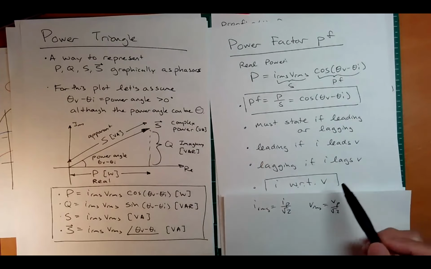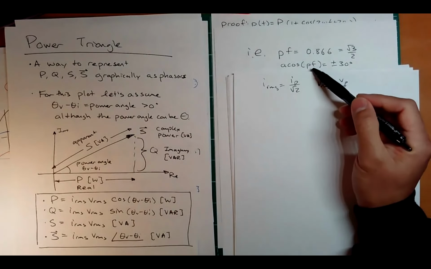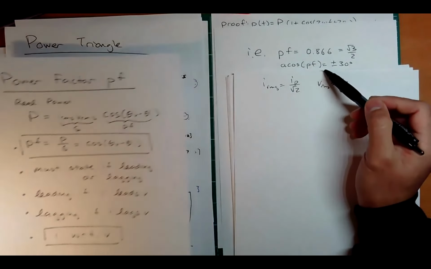Okay, so let's do some examples of this. So let's say the power factor was 0.866, which is equivalent to root 3 over 2. And if we want to get theta V minus theta I, we do the arccosine of this, and we would get plus or minus 30 degrees because the cosine is symmetrical.